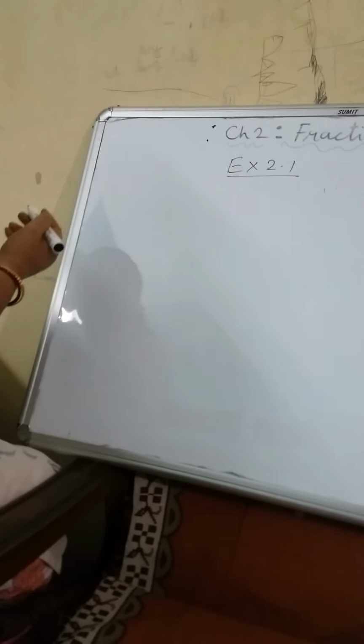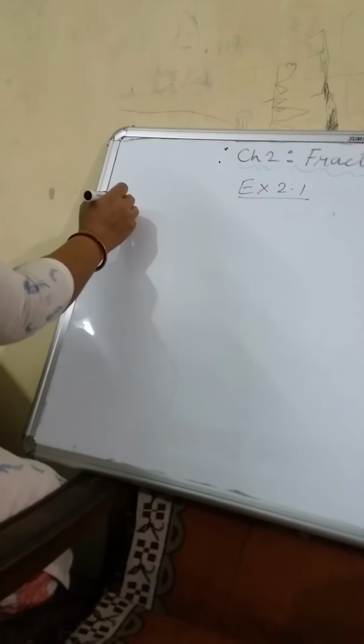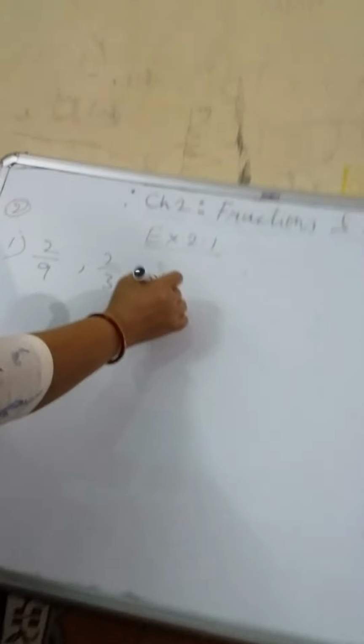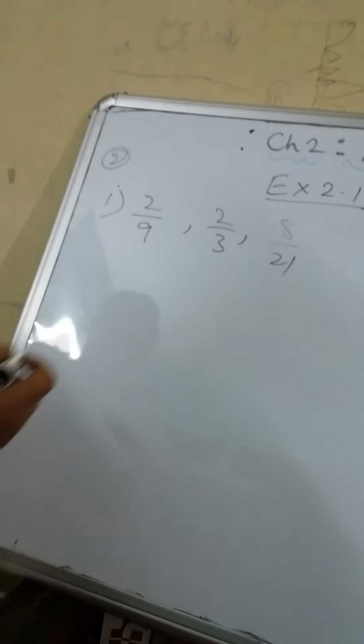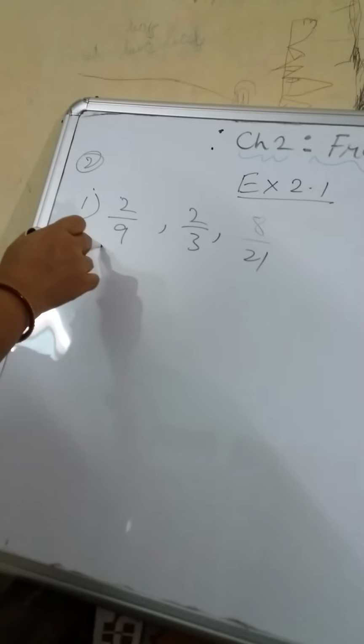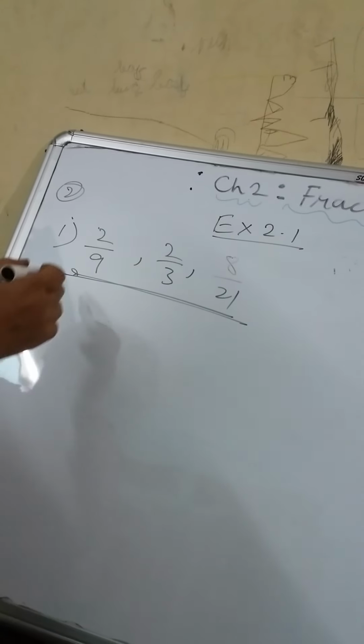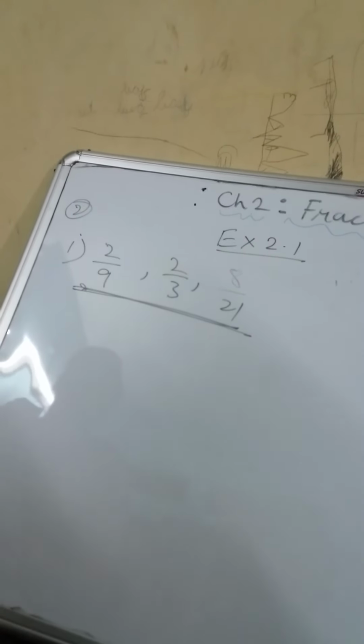When can I compare these fractions? Only when their denominators are equal, then only we can compare the fractions. So first what you have to do, you have to convert them into like fractions, or I have to make their denominators equal. How can I make that?